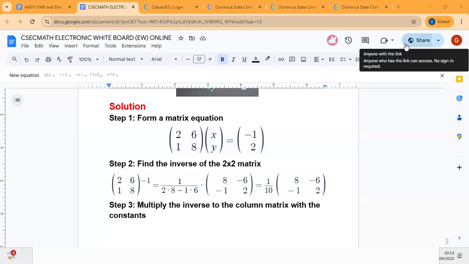For step number 3, we have our inverse already. Here it is. We take that inverse and multiply it by the column matrix with the constants, the -1 and 2. So let's do that.